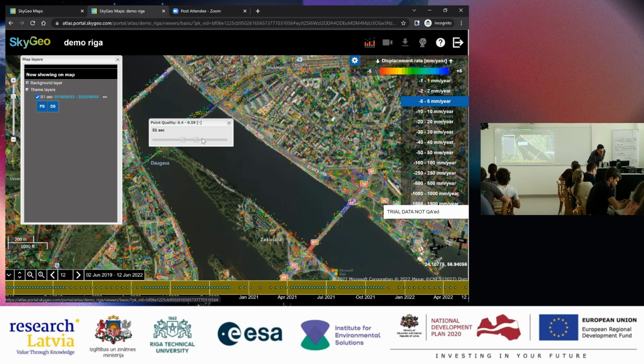Did anybody see another interesting phenomenon in here? Anybody found something interesting? Bridges. So this picture is for both bridges. Sorry, it's a little bit far, I cannot hear you. The other bridges.